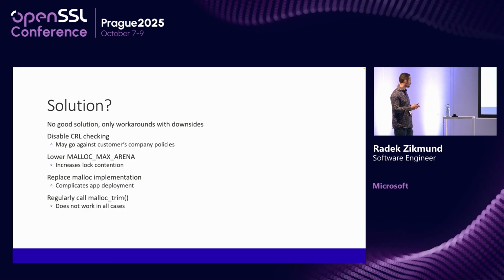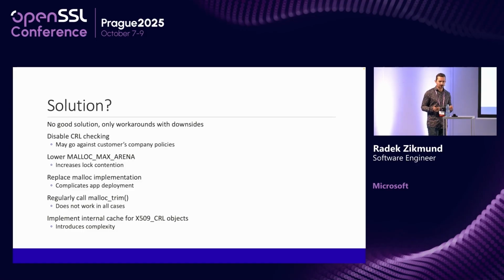in your application. And probably the only viable thing for us left to do, which we didn't get around to implement yet, was introducing some internal cache for those certificate revocation lists, so that every time we connect to the same server, we don't have to parse the certificate list every time and then discard it every time and produce this allocation churn.